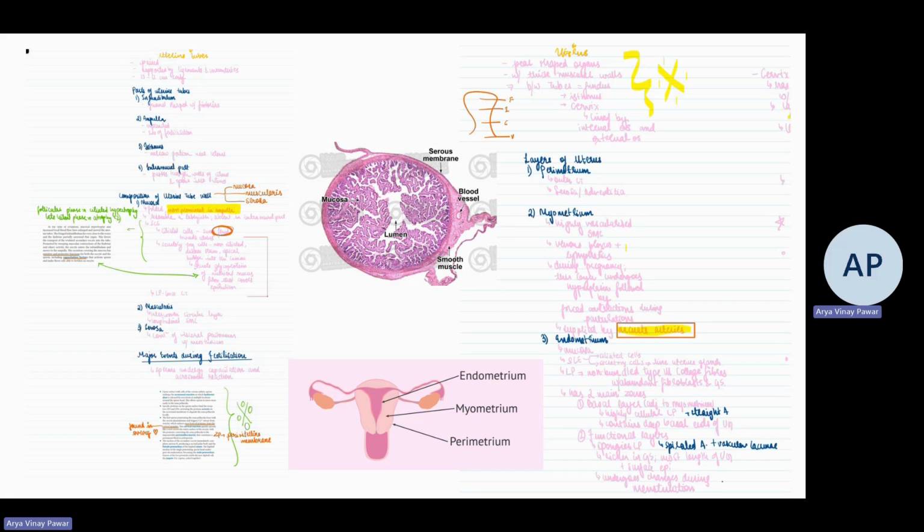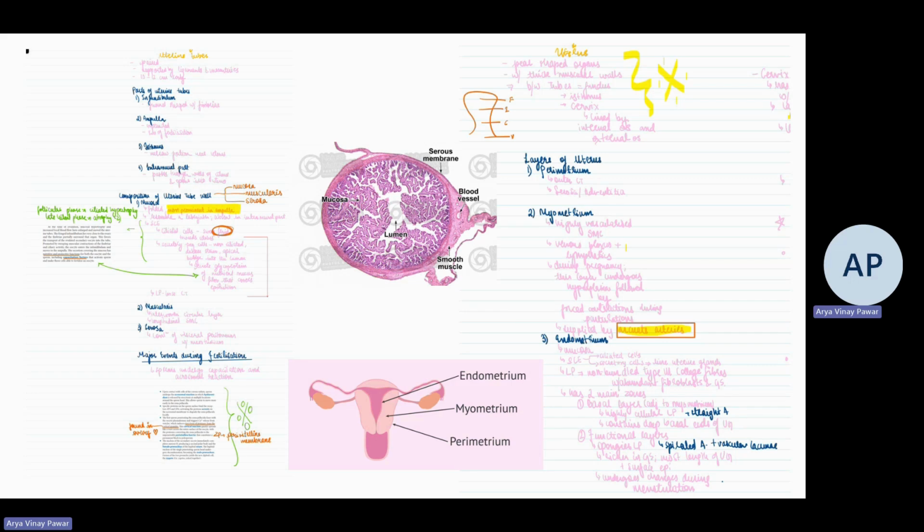Now, the endometrium, the most important layer. Even in the picture, you can see we have the outer layer perimetrium, the muscular layer myometrium, and the innermost layer endometrium. This layer is the one that undergoes changes during menstruation or the female menstrual cycle. You could say that it is the mucosa of the uterus in a way.